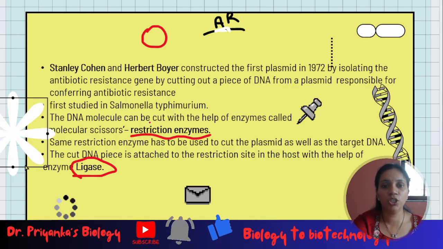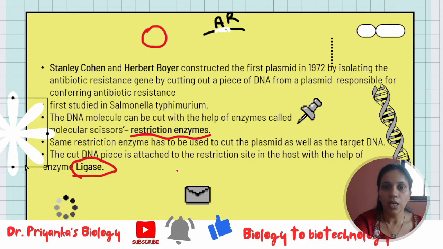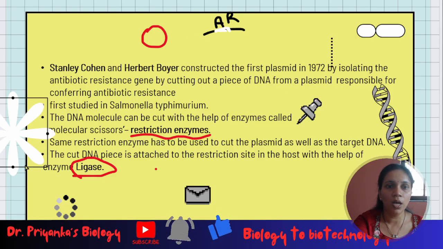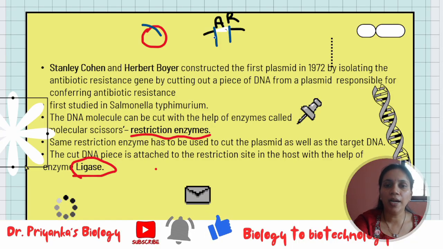But the correlation between your restriction enzyme and the ligase is that the piece of DNA has to be cut. If we have two pieces of DNA, and we are taking this example, then this plasmid DNA also has to be cut by the same restriction enzyme, and this piece which is having the antibiotic resistance has to be cut with the same restriction enzyme.